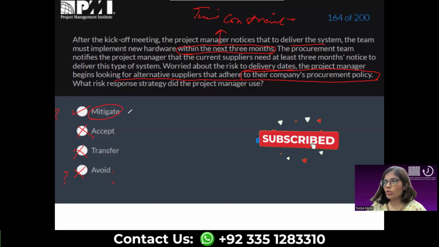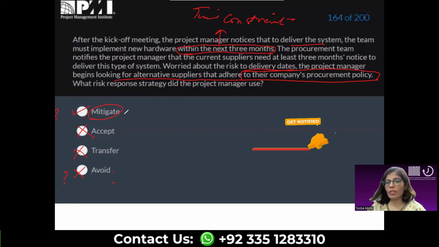You are not changing anything. You are just finding a new supplier who could adhere to the existing plan, the existing project situation and company situations. And you can only take your chance. You're not even sure whether this is going to work or not, but you are trying whatever is possible. You are not sitting on it, which is accept. You are not making sure that this is 100% eliminated, which is avoid.